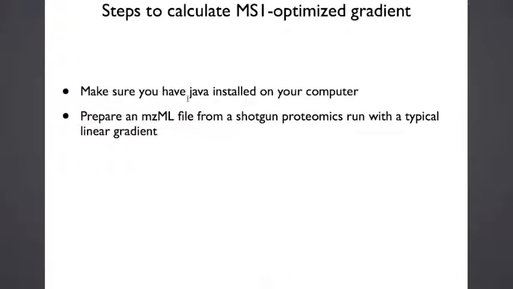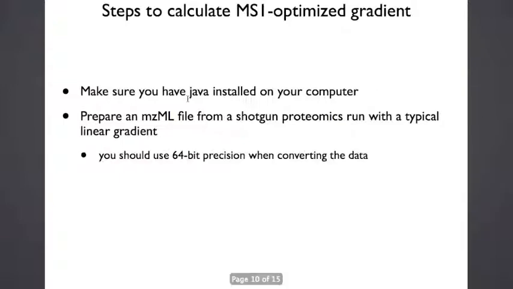Now once you check that you have Java, you have to prepare an mzML file from a shotgun proteomics run with a typical linear gradient. That is basically just any run where you use the linear gradient from your lab. There are two things that I would like to point out when it comes to the conversion of the data to mzML. First, you should use 64-bit precision when converting the data.